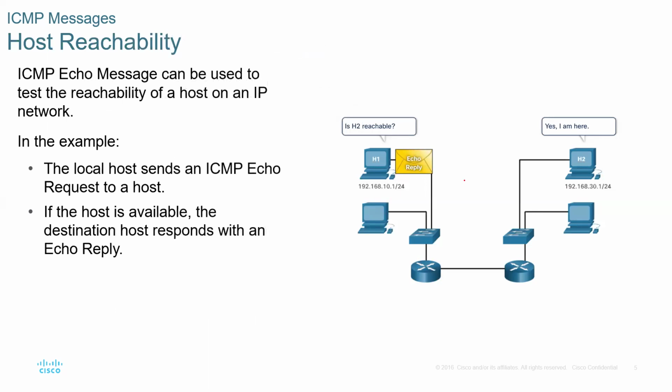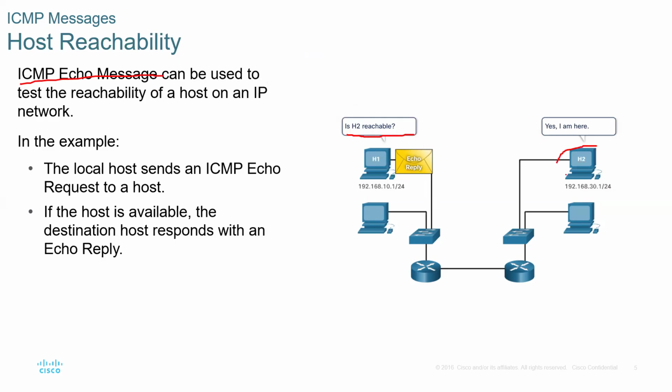And what happens is it sends what we call an ICMP echo message. It can be used to test the reachability of a host on a network. For example, the local host sends an echo request, asking: is H2 reachable?